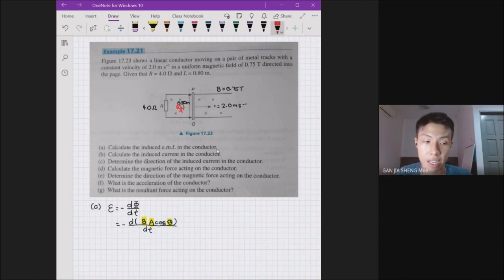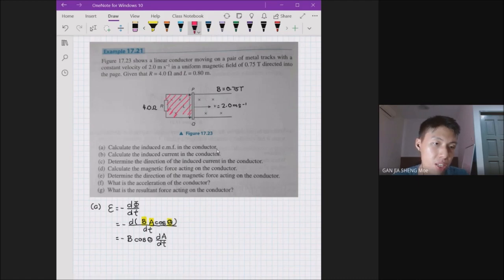So the angle between them will be 0 and constant. It's B and theta that are constant, so we'll bring B and theta out. It becomes negative B cos theta, then you have your dA over dt.